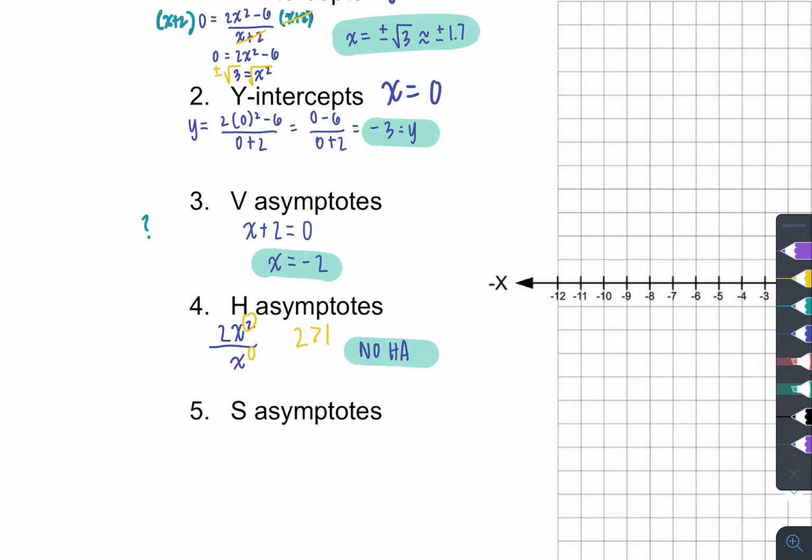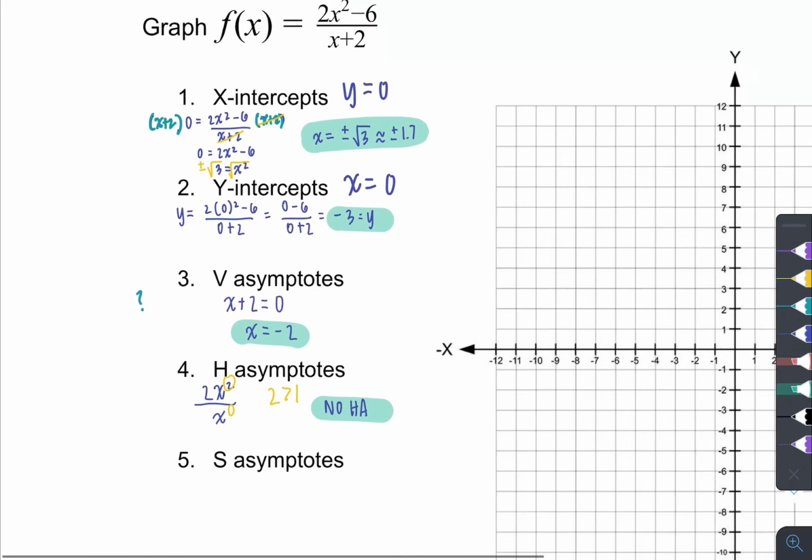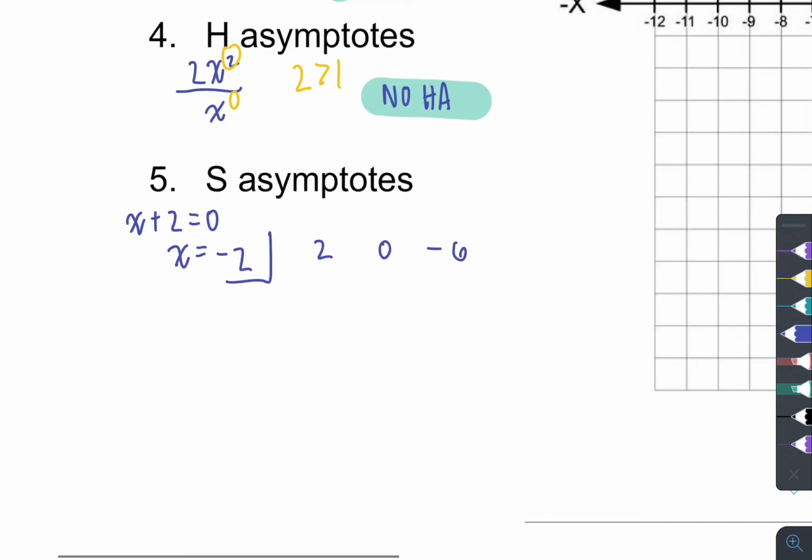For the slant asymptote, you'll notice that we have a degree of 1 more in the numerator than the denominator, so we're going to use synthetic division. So I have x plus 2 equals 0 and solve. Then I'm going to set it up with my numbers. So I have 2, 0, and negative 6.